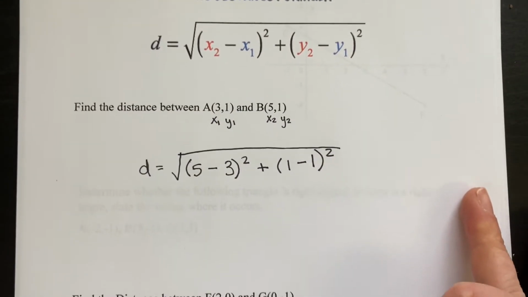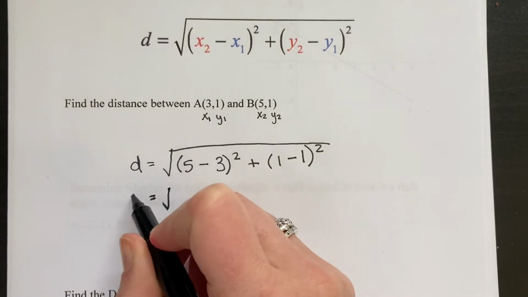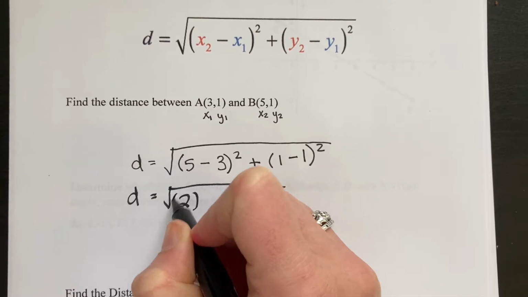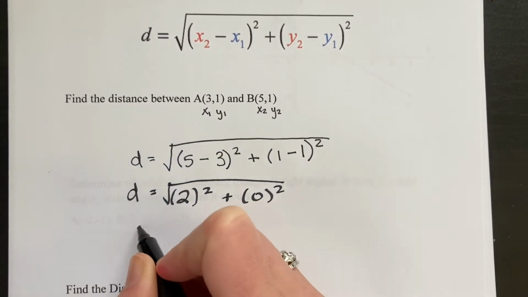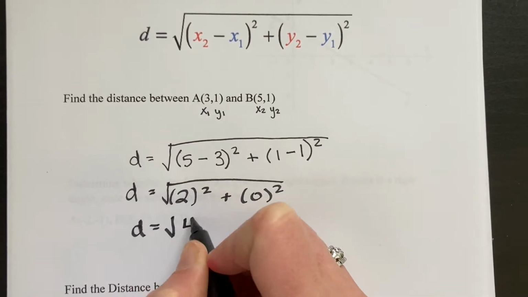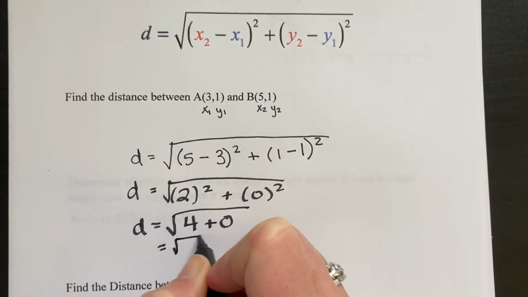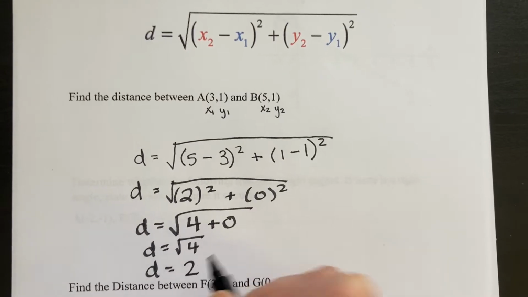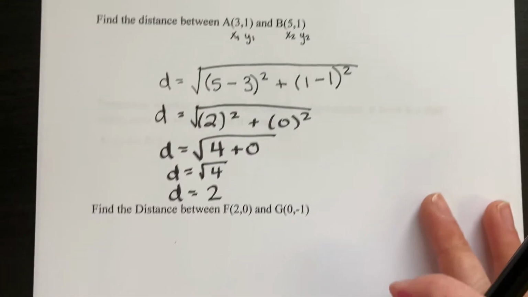So you could either throw this in your calculator, or if we break it down slowly, we have 5 minus 3, we know is 2, so 2 squared, plus 0 squared. So distance equals the square root of 4 plus 0, which is just the same as the square root of 4. And that is 2. So the distance between A and B is 2.